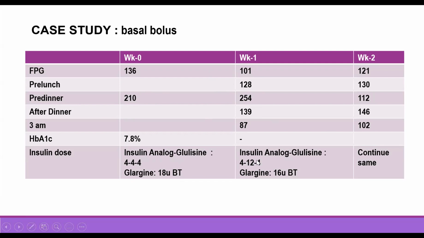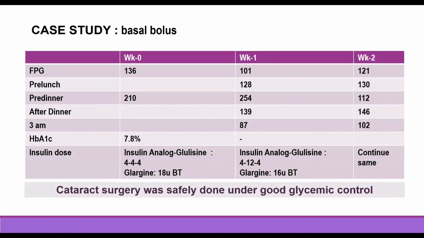And once we increased it, the pre-dinner value came down to normal, and you can see that all the values are within the acceptable limit. So we advised the patient to continue the same and to go for cataract surgery, and the cataract surgery was done safely under good glycemic control.